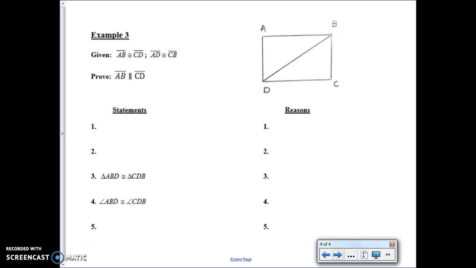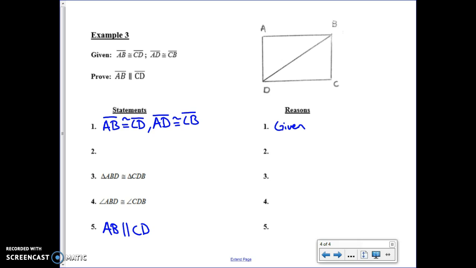So in this one, our given statement is that AB is congruent to CD and AD is congruent to CB. So I'm going to put given there. And I'm going to go to the bottom and put AB is parallel to CD.